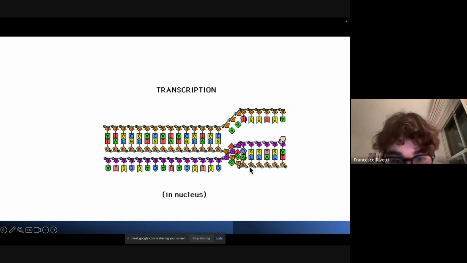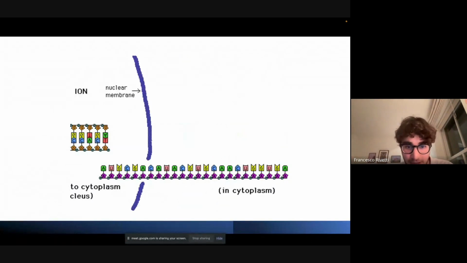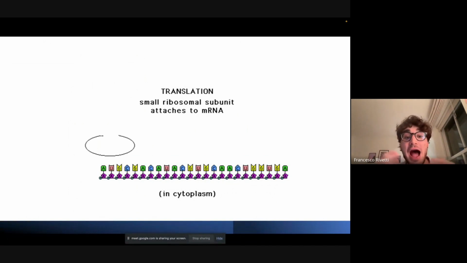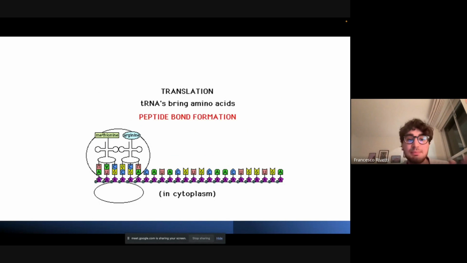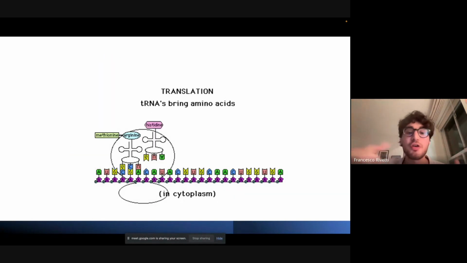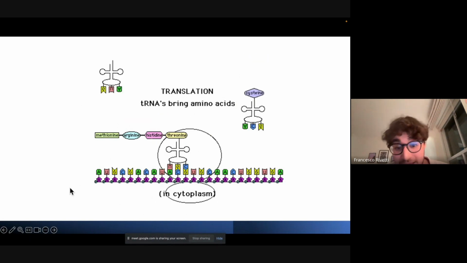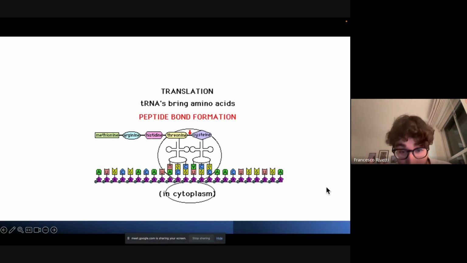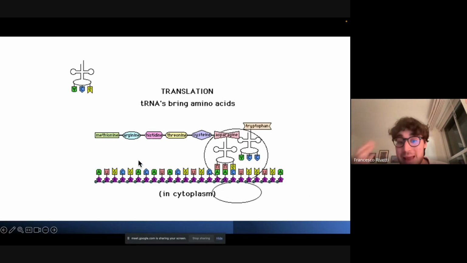And then after transcription, we have translation, where essentially, this is more in depth, but we're just looking at the overarching meaning. We're seeing the ribosome slide along the mRNA to make a chain of amino acids, which then makes up a protein.